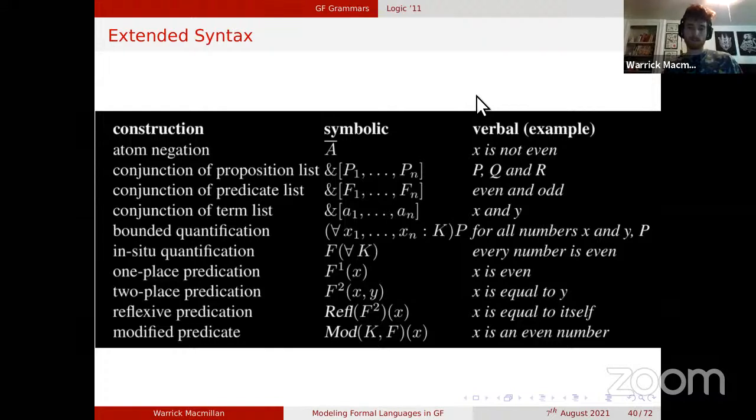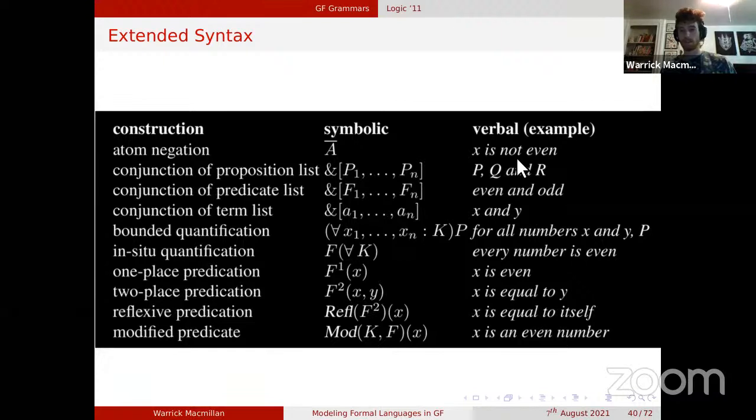And these are the various things that the different abstract functions in this grammar capture, which are in some sense just window dressing, but also not, because if you want to talk about things logically to a logician or mathematician, you're going to use these more natural sounding phrases. So you have lists of propositions, predicates, variables, negation.